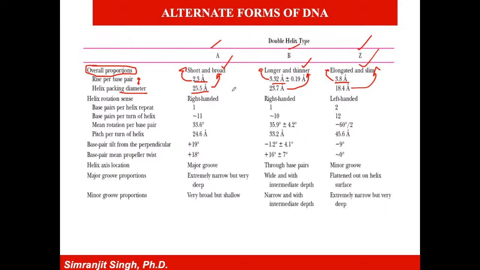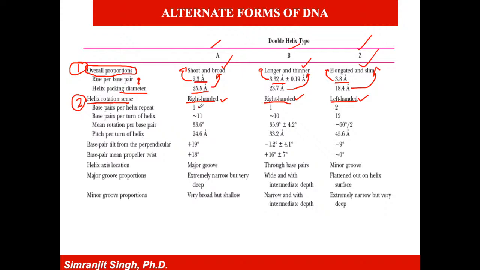Now let's move to the helix rotation. This is first, this is second. This is right-handed, this is right-handed, this is left-handed. Right-handed, right-handed and left-handed. Base pairs per helix repeat.